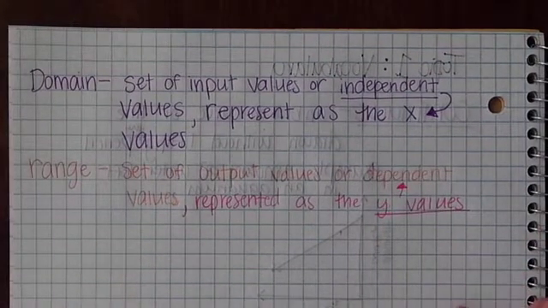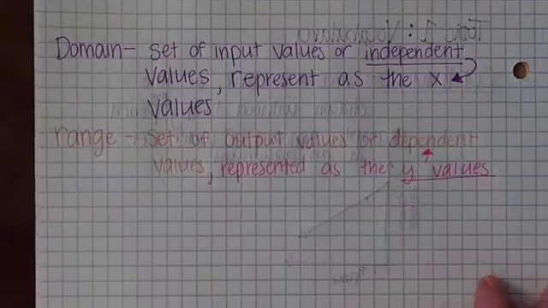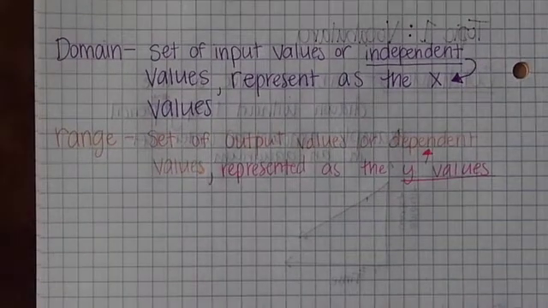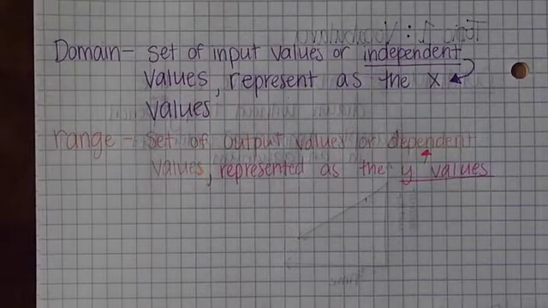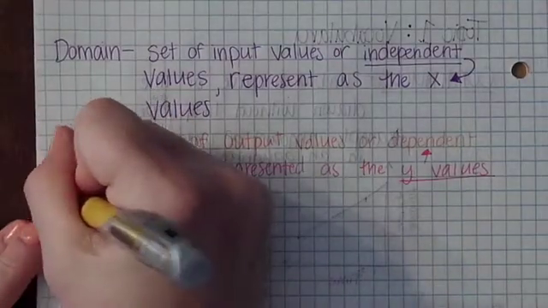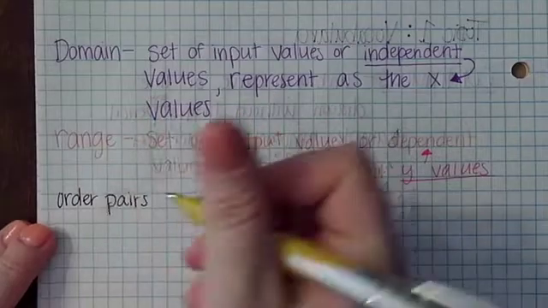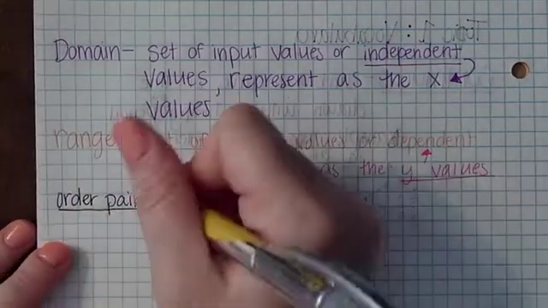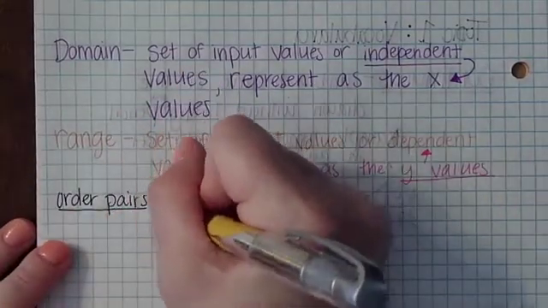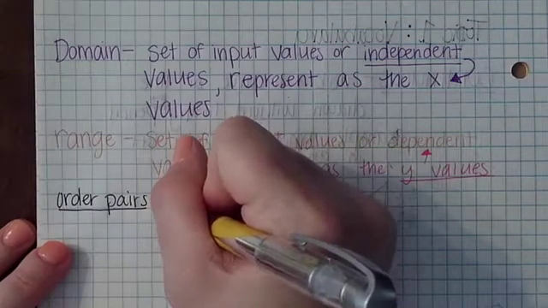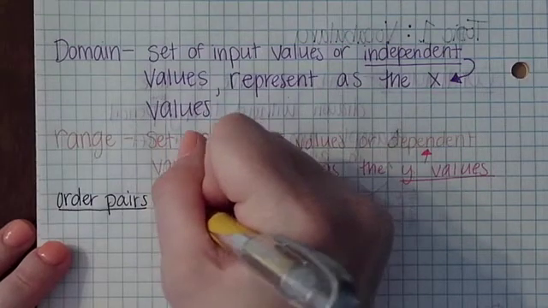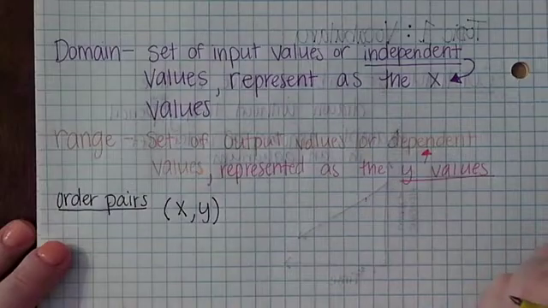Okay, so also in your notebook, I just want you to write a few examples of those things that we were just looking at. So we have ordered pairs, which is the XY coordinates.